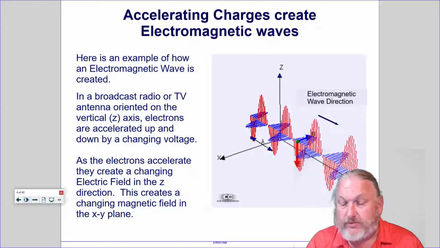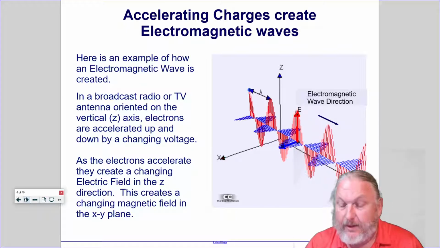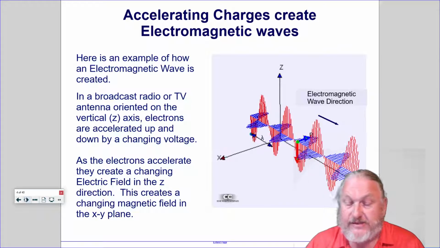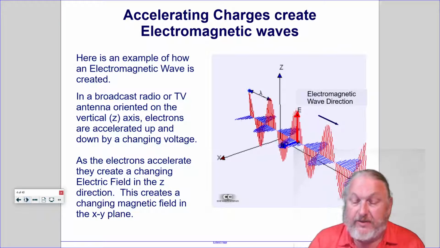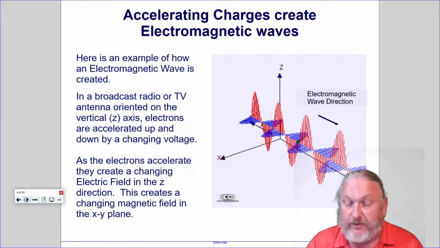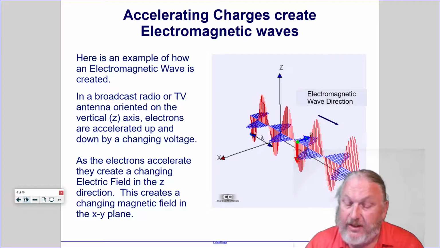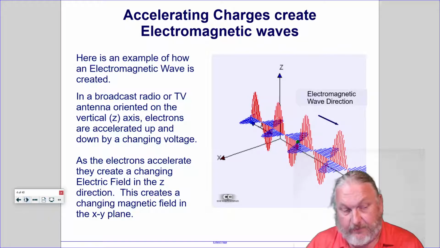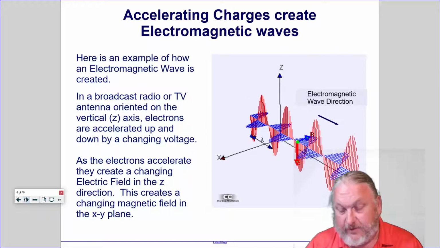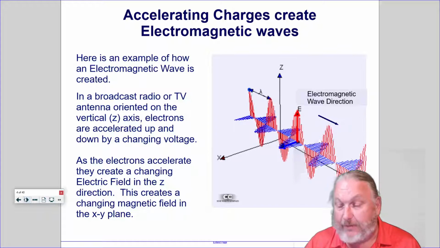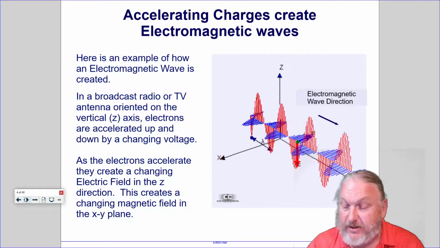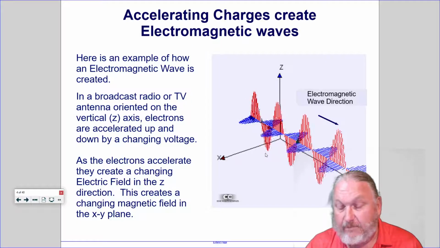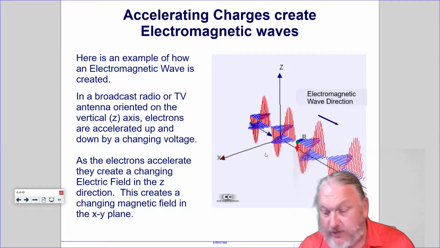The electrons get accelerated up and down by the changing voltage. As the electrons accelerate, they create a changing electric field in the z direction. This creates a changing magnetic field in the XY plane. You can see as the electron goes up, you're changing the magnetic field on the XY axis.